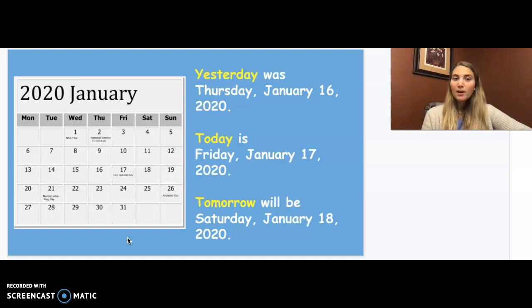They may be hard to see, but there was a holiday on the 1st of January. It was New Year's Day. So these little notes in these boxes are when there are holidays, just like on our calendar, when we put your birthdays and we put special events on our calendar at school.